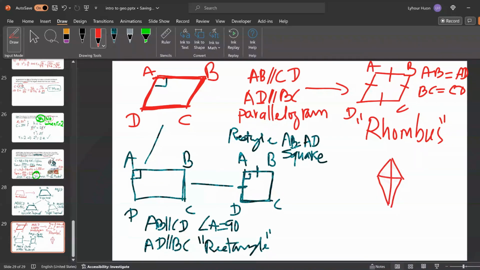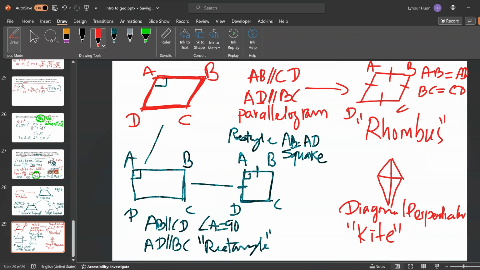So the diagonals are perpendicular. It's called a kite. In practice, we can fly a kite, and it's also a geometry shape. So there are a lot of shapes, right?